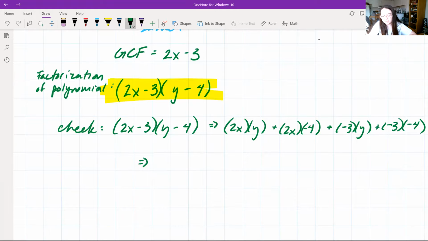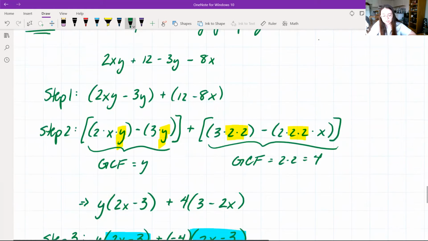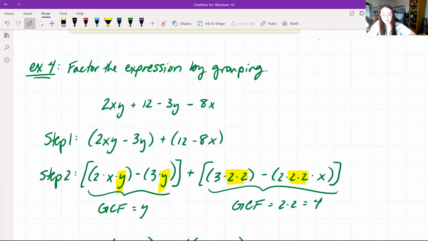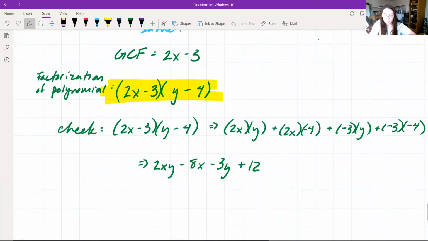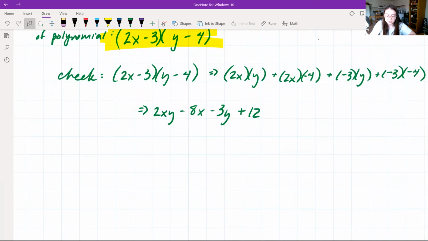And simplifying this will give us 2xy minus 8x minus 3y plus 12, where our original equation was 2xy plus 12 minus 3y minus 8x.